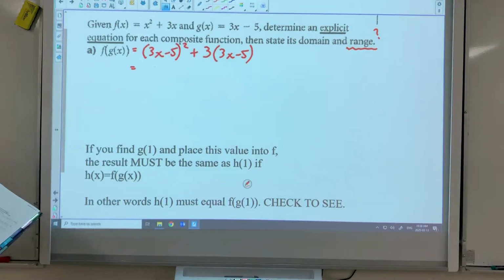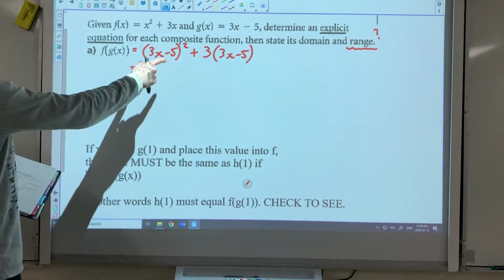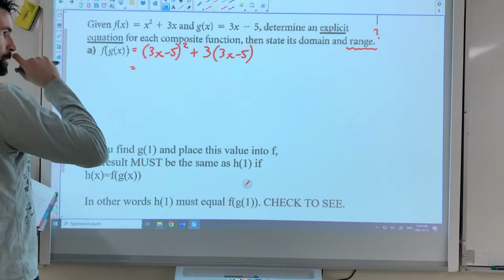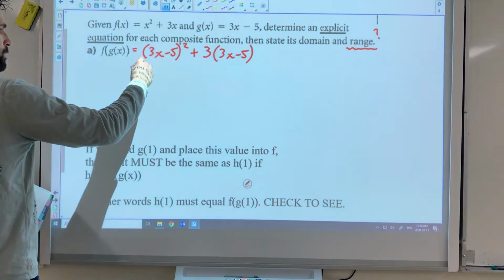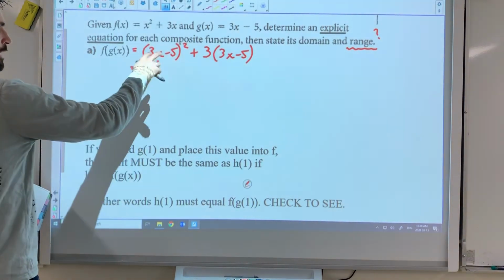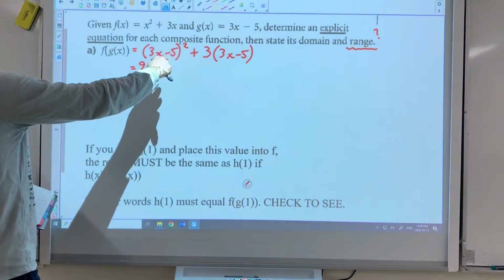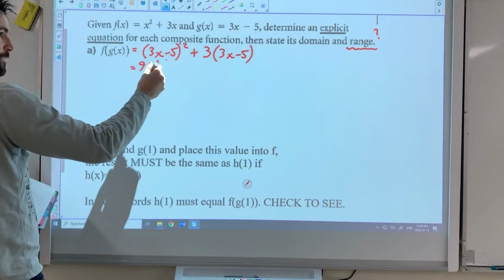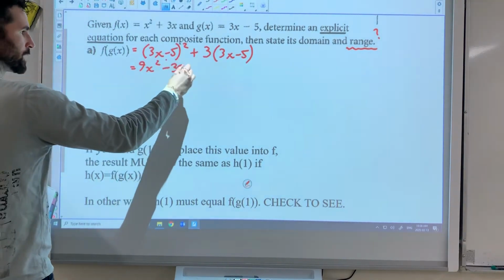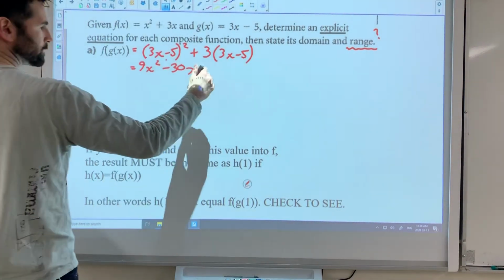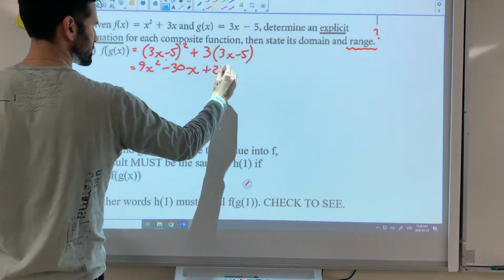Then you got to FOIL it all out. So I hope you're getting better at FOILing and you can sort of do it a little bit in your head. So you can go 9x squared, and then you're going to go 3 times negative 5, so you get negative 15x. Then you go negative 5 times 3x, you get negative 15x again. So in total you got negative 30x, and then negative 5 squared is 25.